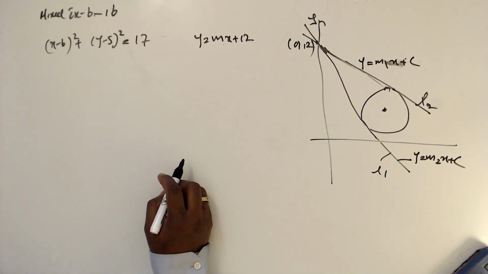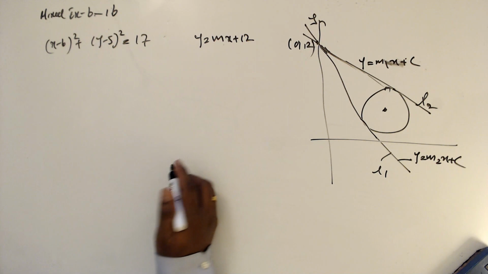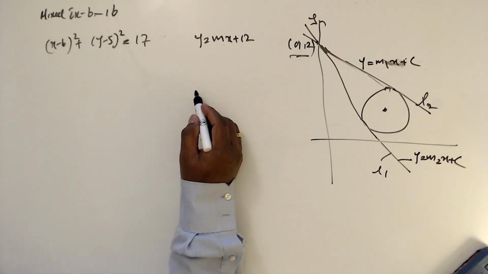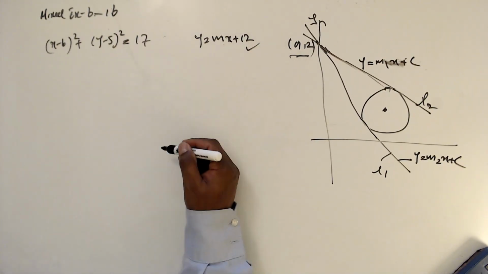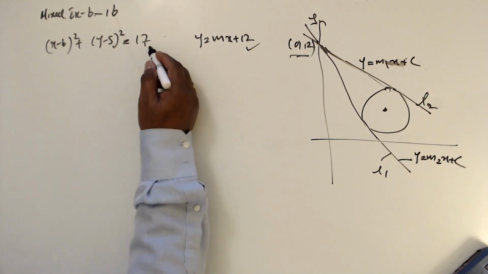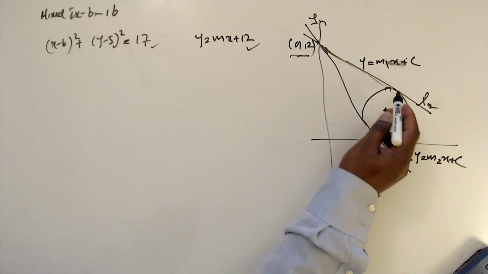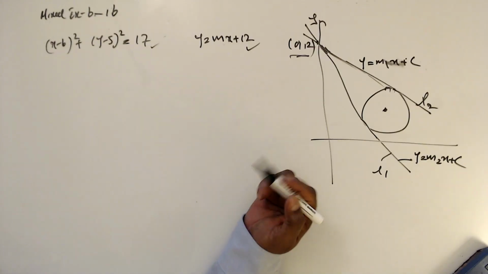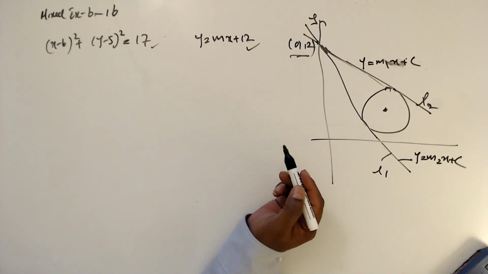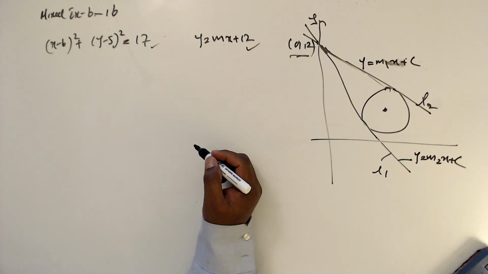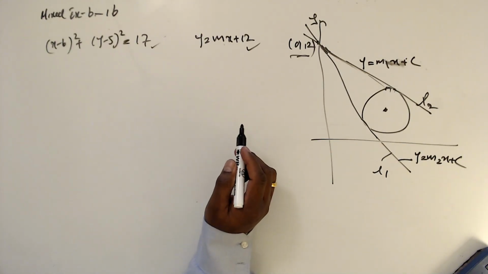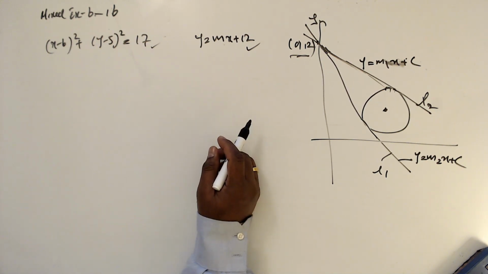Now, how many data are given? 0, 12. C is given. We apply this one. Then the circle is given. Also this is a tangent line, so we want to use that requirement. If we miss any given data, then we can't make this sum.